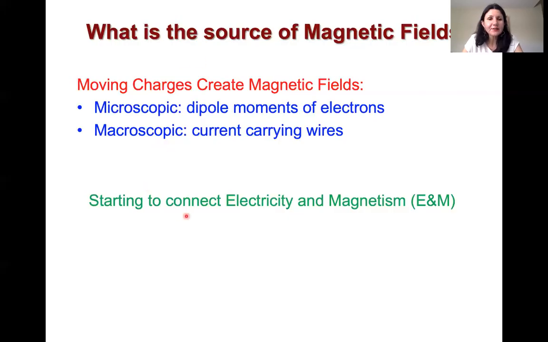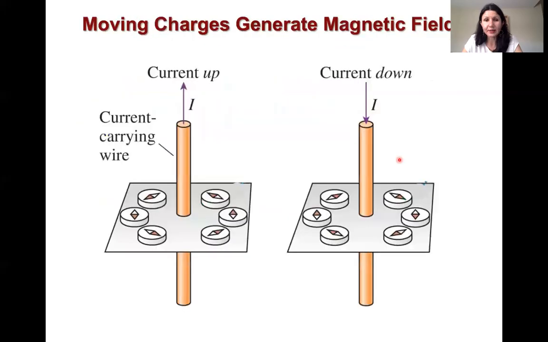So you see, we're starting to connect these two seemingly very different forces or physical phenomena, electricity and magnetism. It really turns out that they come from the same source, which is charges. So let's first look at the macroscopic charge motion, how that causes magnetic fields.